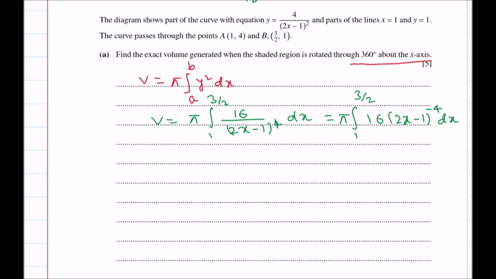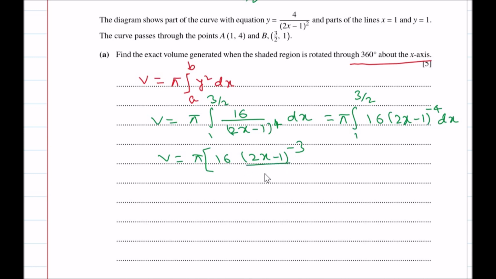Now let us integrate. So pi as it is, 16 as it is, and 2x minus 1 to the power becomes, you add 1: minus 4 plus 1 is minus 3.